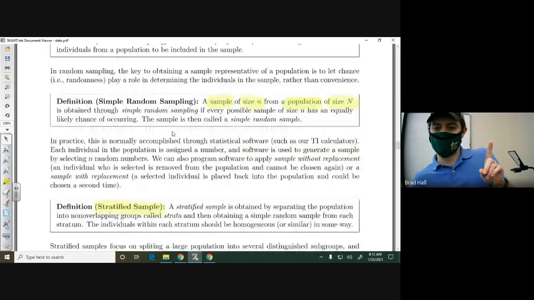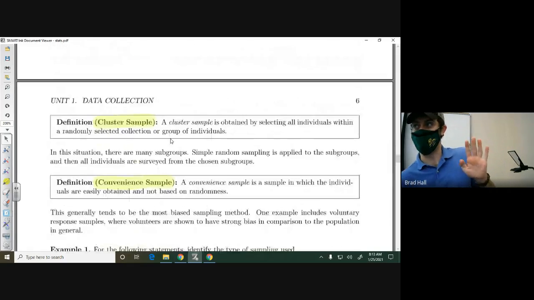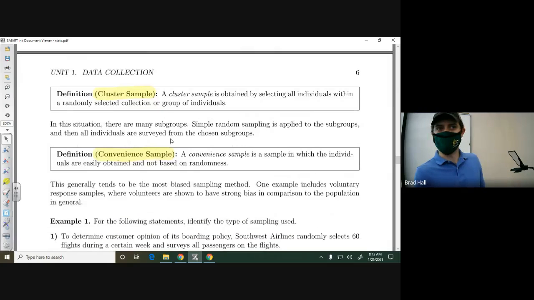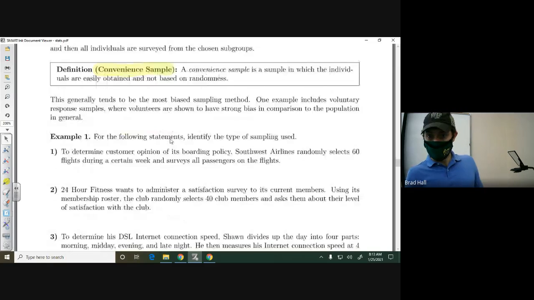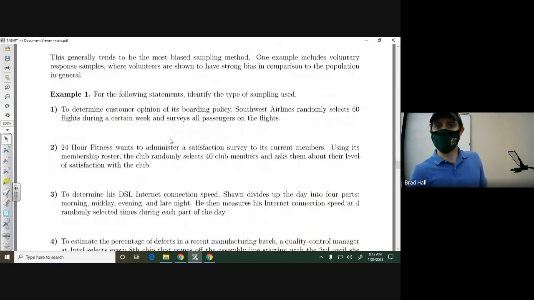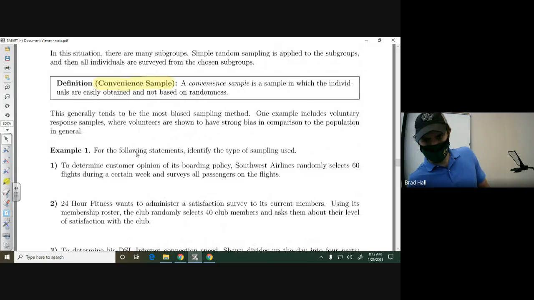Simple random sampling, stratified sampling, systematic, cluster, and convenience. And there's a few questions in the homework that ask you to hear a sampling situation and determine what sort of sampling it is. So for the first one, for the following statements, identify the type of sampling used.